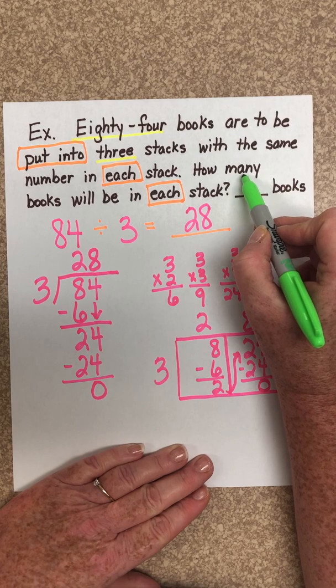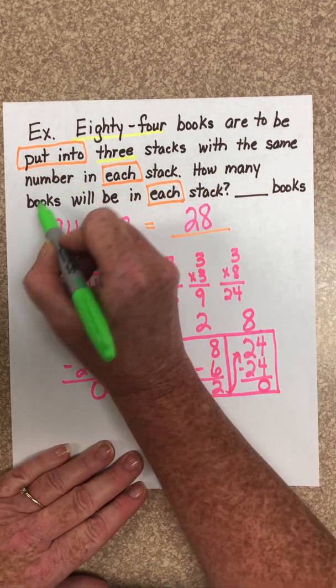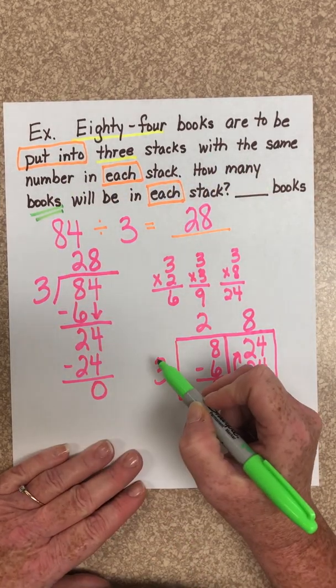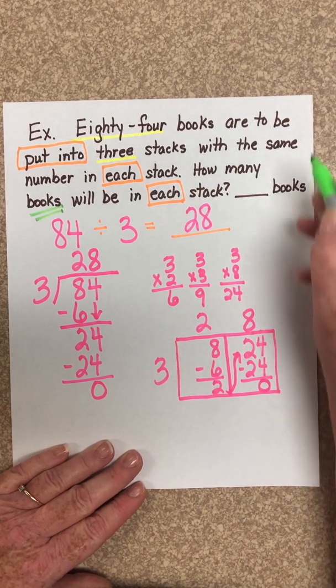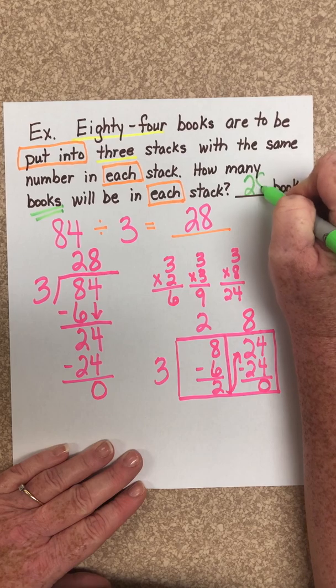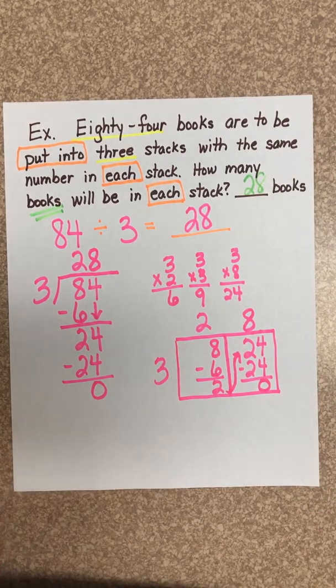The word that answers the what is your label. How many what? Books? That is your label. So how many books? 28 books. That's the proper answer to this word problem.